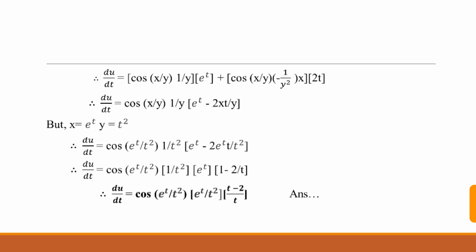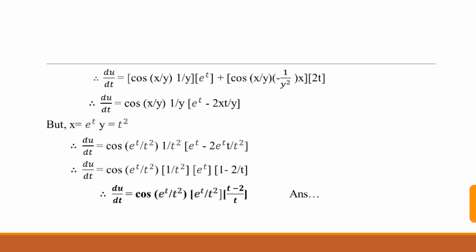We can simplify here, and we get the value of du by dt is equal to cos of x upon y into 1 upon y, in bracket, e raised to t minus 2xt upon y.